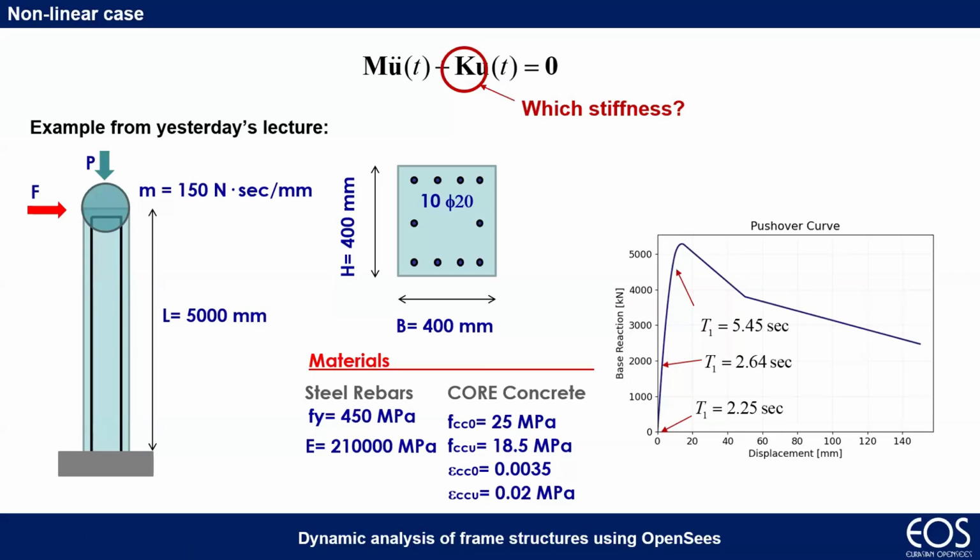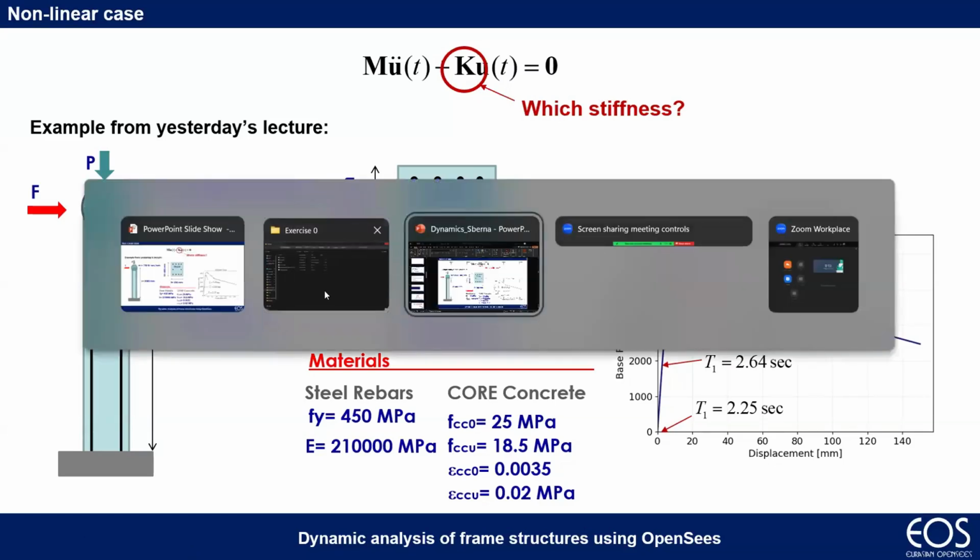You apply vertical loads and you run eigenvalue analysis, since the structure without vertical loads is not a real structure. So you apply vertical loads, and after that you run eigenvalue analysis, like I showed you here.